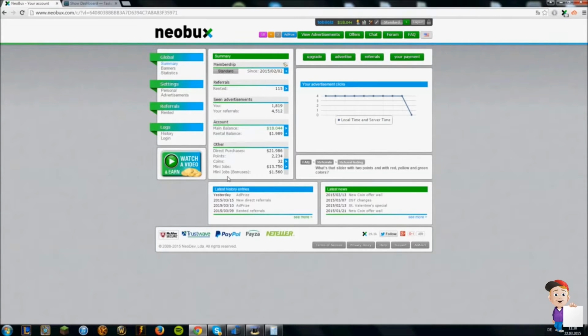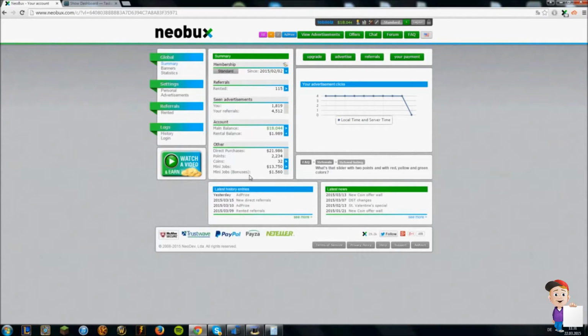I make around 60 to 70 cents a day with mini jobs, while doing them for like 15 to 20 minutes a day. I made this amount in like 2 weeks.